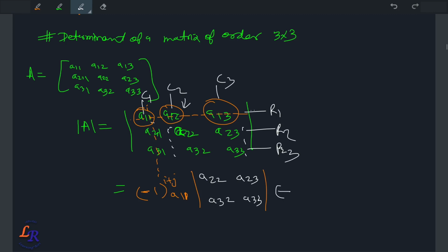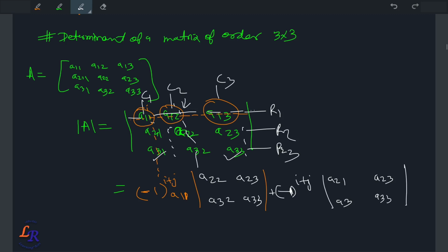So you write -1 to the power i plus j, and then you leave the elements in this column 2 and row 1, and write the determinant corresponding to the rest. So you will be left with A21, A23, and A31, A33, right?